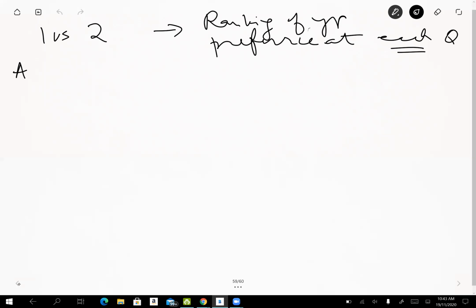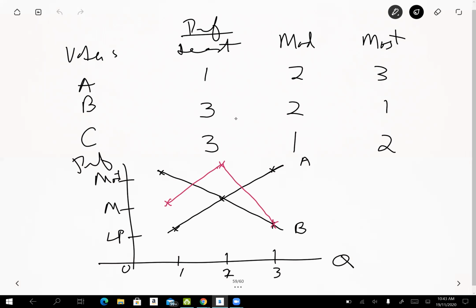If you look at the table, or draw the graph, for A, 1 against 2, if you look at the curve for A, he prefers 2 more than 1, because 2 is moderately preferred and 1 is least preferred. Therefore, he will vote for 2.